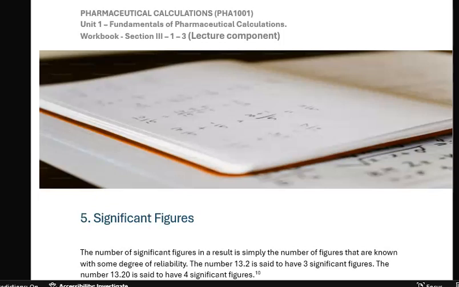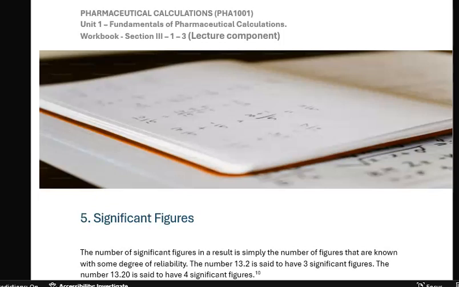So this is a recording that caters to the concept of significant figures. If you read the resources provided for this module under rounding off, you would have seen the authors in your textbook, which is used to create the lecture notes and the content for this module, allude to keeping significant figures.